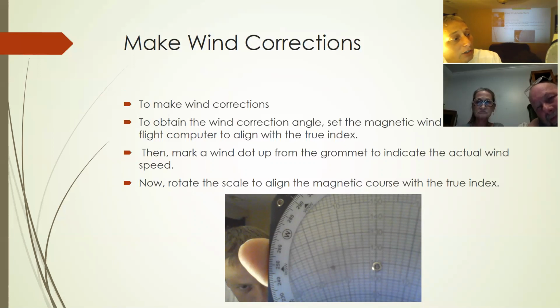We'll rotate that to 342 degrees, as we can see we've done here, which will bring our wind dot off to the left, which will be a negative degree. We will have to subtract degrees to make the wind correction.